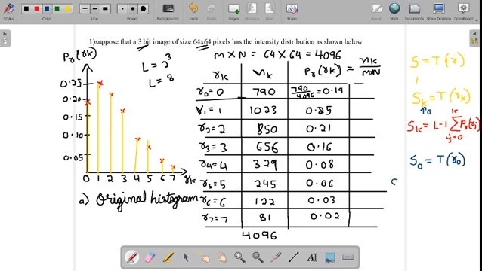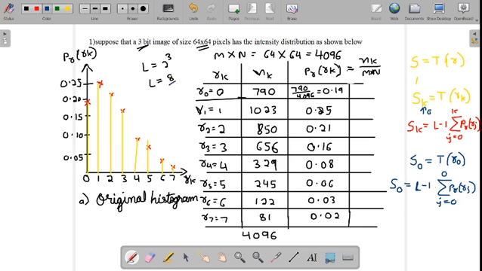You already know the formula for sk: (L minus 1) times the summation j equals 0 to k, and here k is 0, of p r of r j.